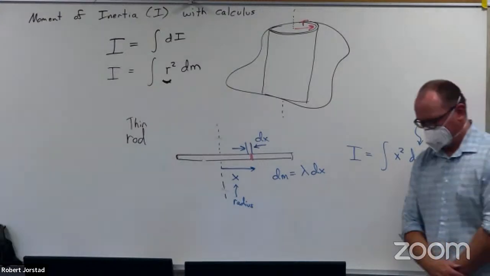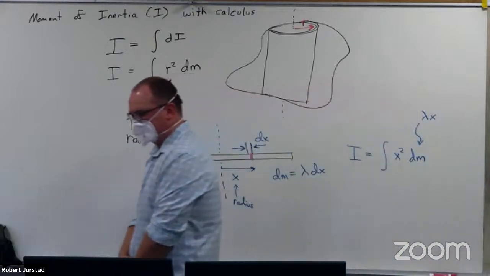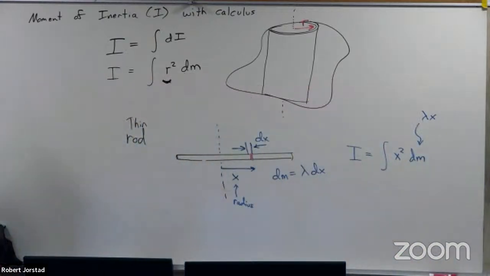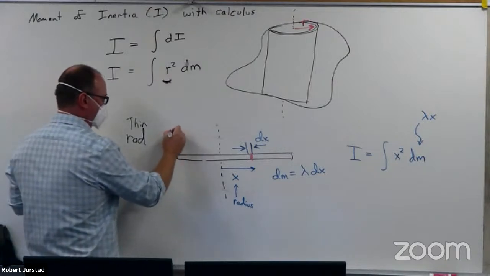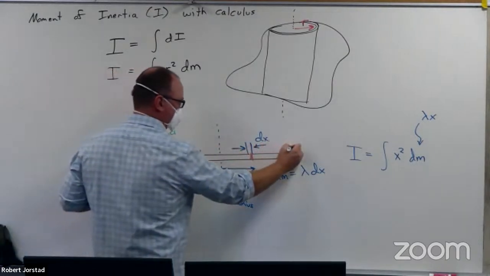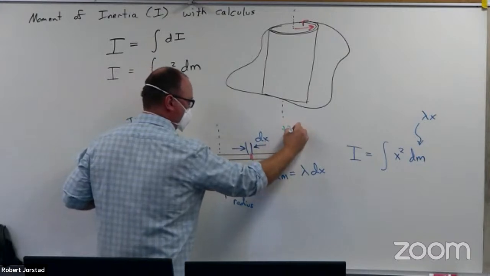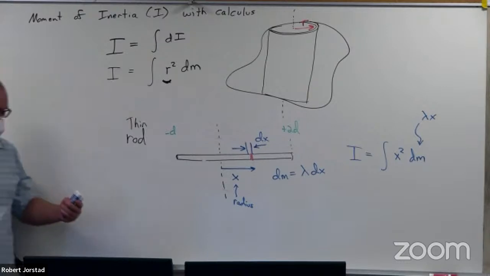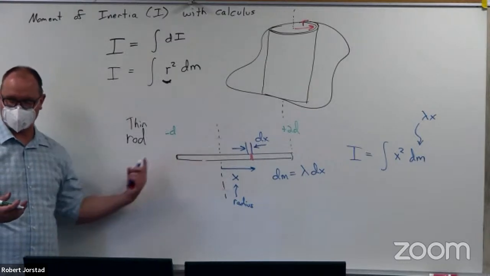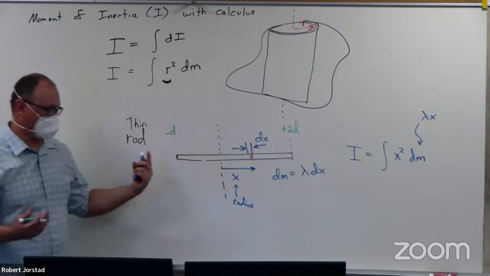What about finding the limits? In this case, let's say this was negative d, and this looks like it's about positive 2d. I can't tell from my angle on the board. What would be your limits? Don't overthink it. What's the leftmost value that x can take? What's the rightmost?